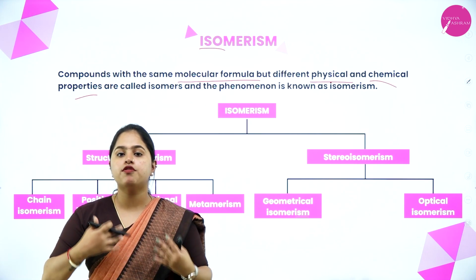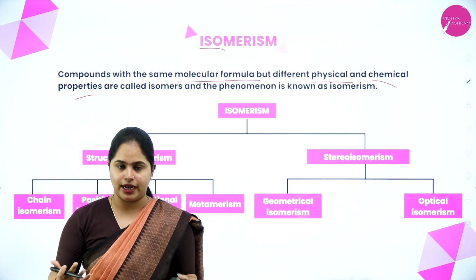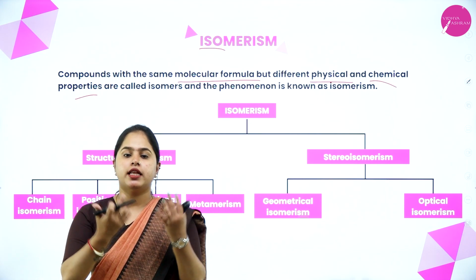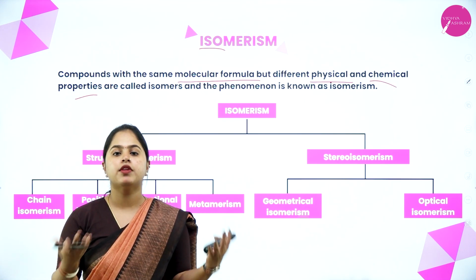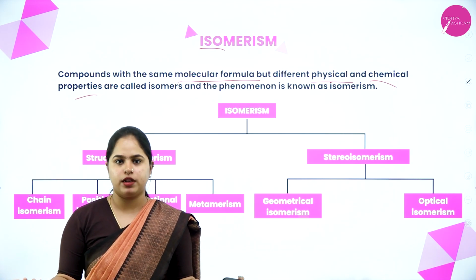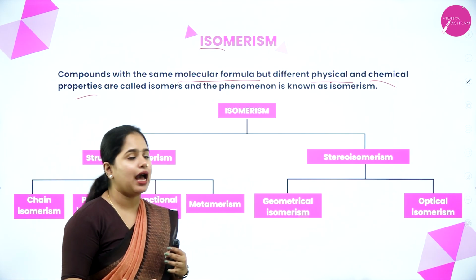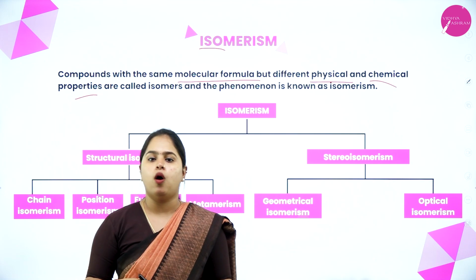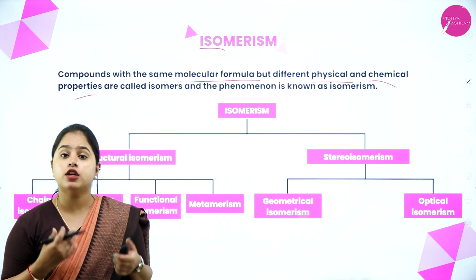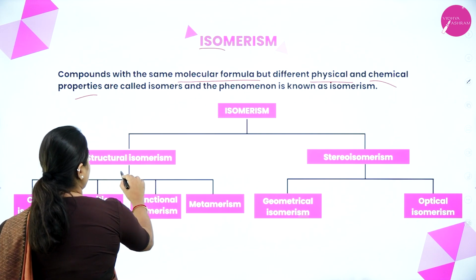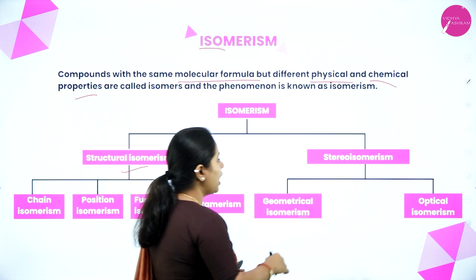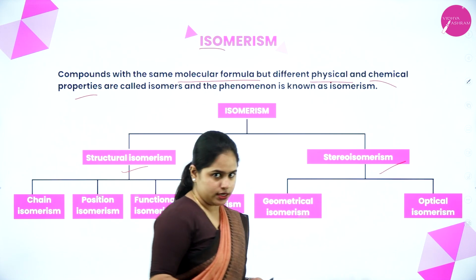That means the number of carbon, hydrogen and other atoms will be the same. Right, the number of atoms will be the same, that is the molecular formula will be the same, but the structural formula will be different. Hence their physical and chemical properties will also be different. So there are two types, broadly classified into structural isomerism and stereoisomerism.